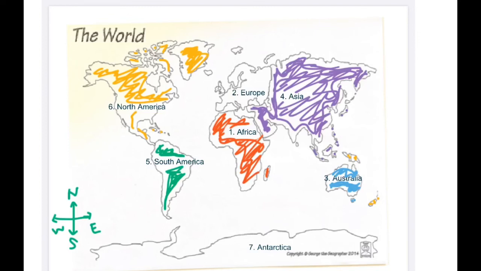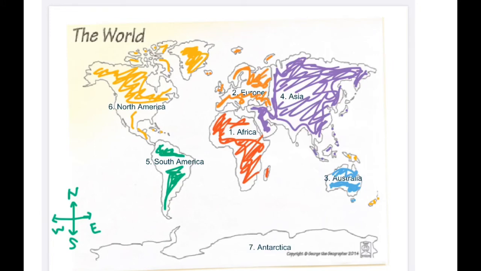Okay, next one. Let's do Europe in, I guess we'll have to go with orange. Okay, so Europe is these remaining ones up here, these little guys. And then this whole section. And then this little part is part of Europe.